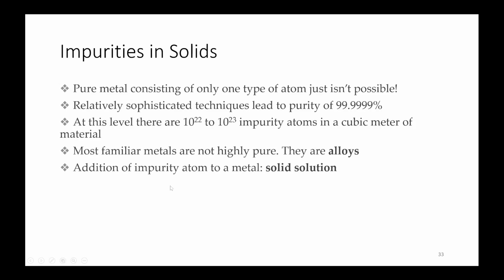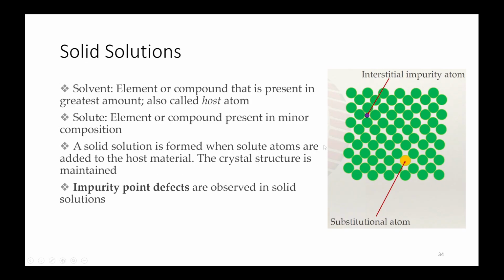Now addition of impurity atoms to a metal might form a solid solution. So in this case you have two parts of the solid solution. One is solvent. So solvent is your host atom, element or compound that is present in greatest amount, which is also called host atom.